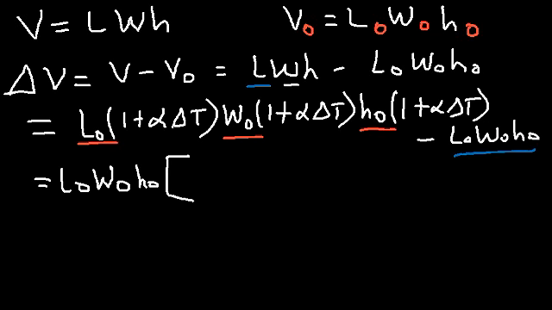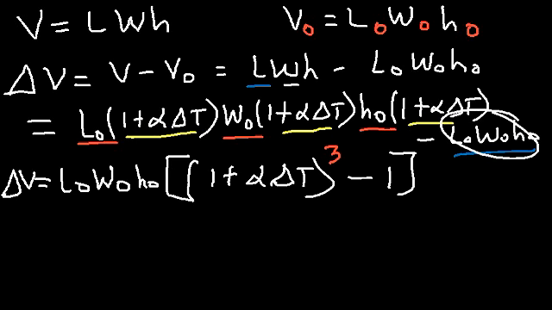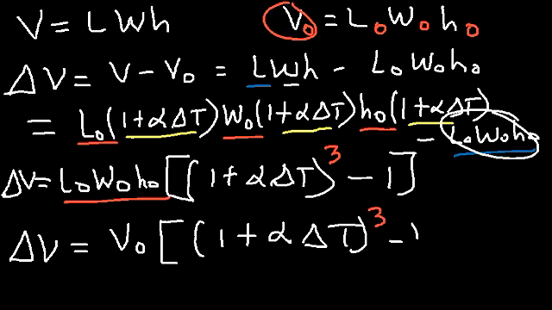If we do that, these three factors we can write as 1 plus alpha delta T to the third power. And if we take out these three variables, we're going to be left over with a 1. So this is the change in volume. Notice that we can replace L0 W0 H0 with V0. So the change in volume is V0 times 1 plus alpha delta T raised to the third power minus 1.